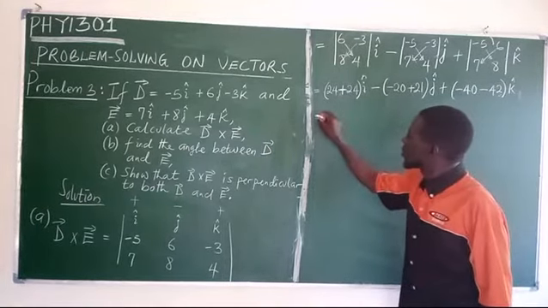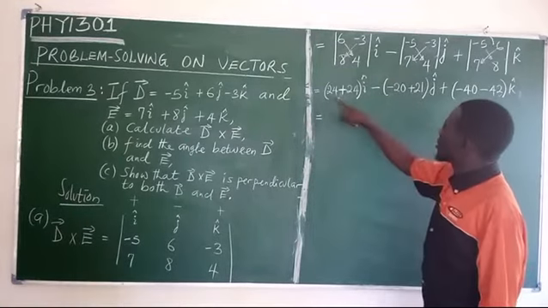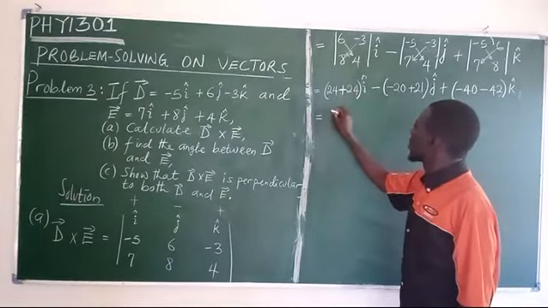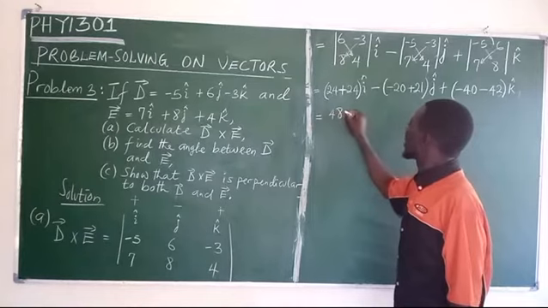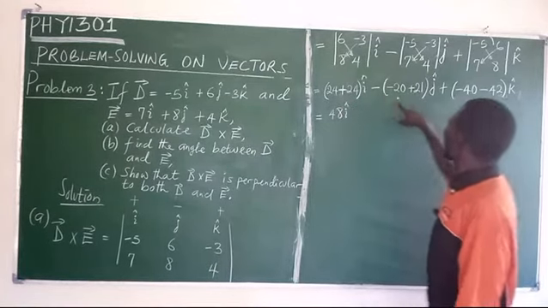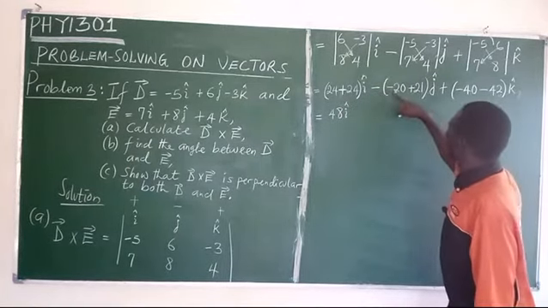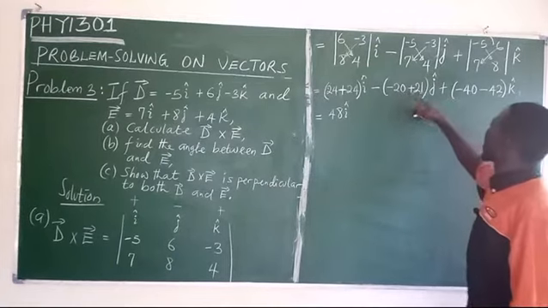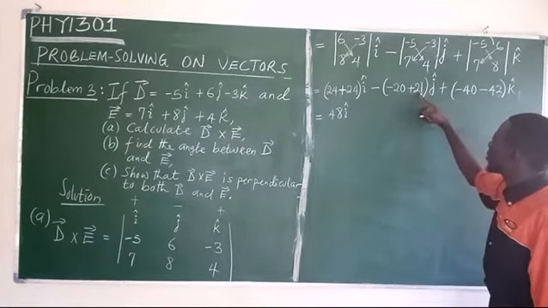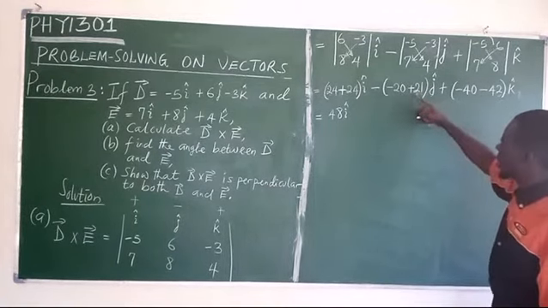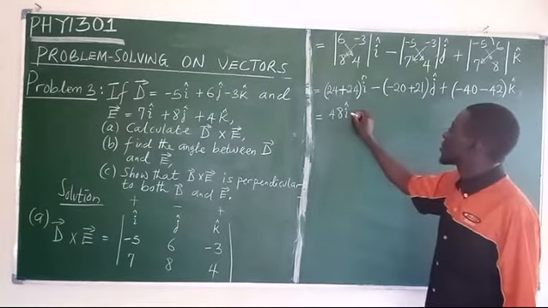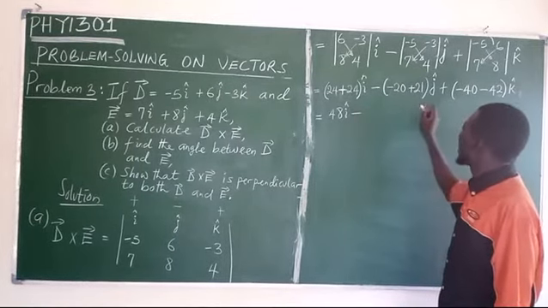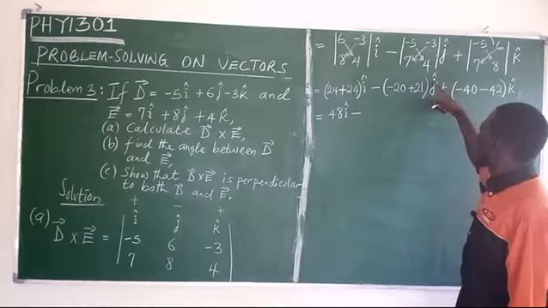This is equal to 24 plus 24 will give me 48 I hat, and then negative 20 plus 21 will be 1 positive, and I have negative here, so this will just be minus 1 J hat.